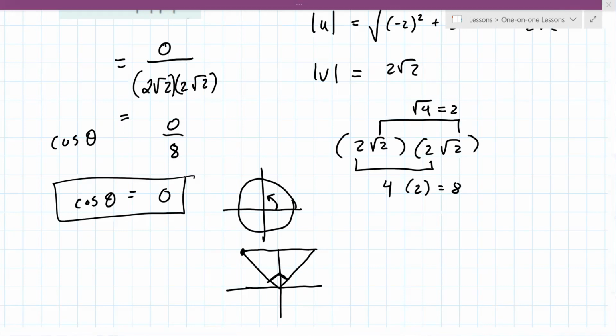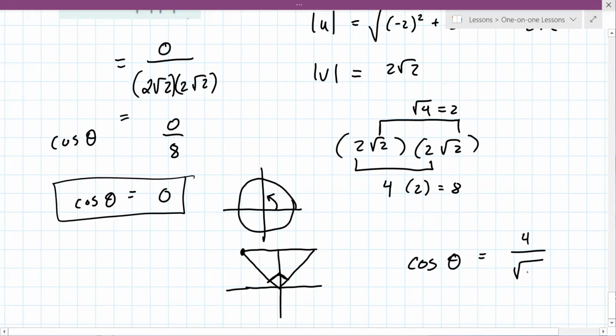So if it said cosine theta equals some ugly number, it would be something more like cosine theta equals 4 over the square root of 10. So what would you do in that case? You would use your calculator and say, okay, I'm going to use the cosine inverse of 4 over square root of 10.